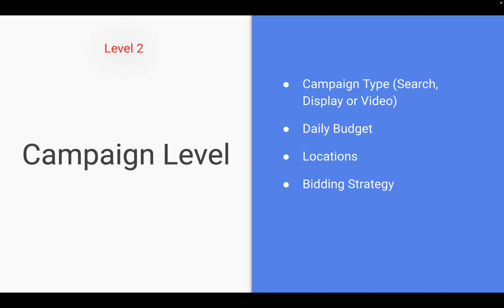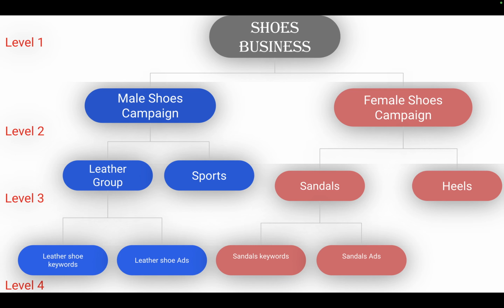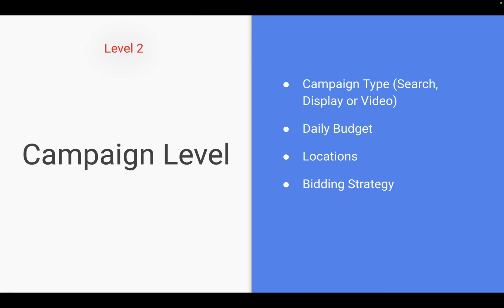If you have separate budgets dedicated to each campaign, let's say 1,000 rupees of budget for males and 2,000 rupees for females, you again create 2 different campaigns. If you have separate locations, let's say Delhi for the male campaign and Mumbai for the female campaign, you again set up 2 different campaigns.